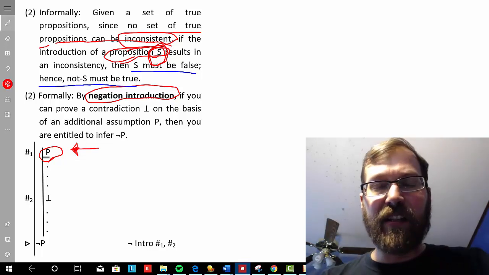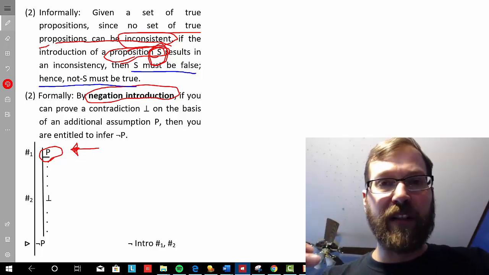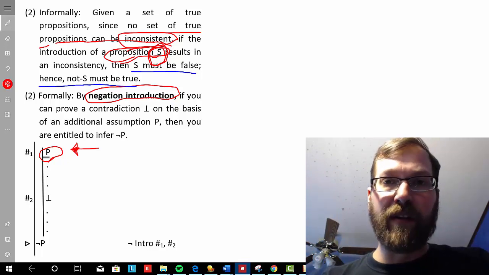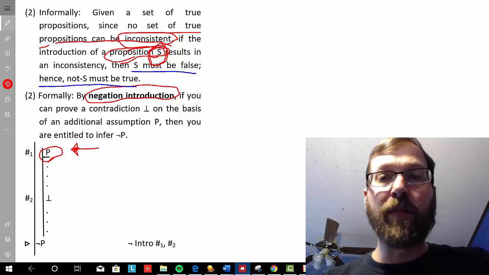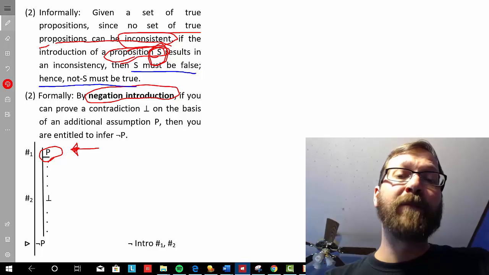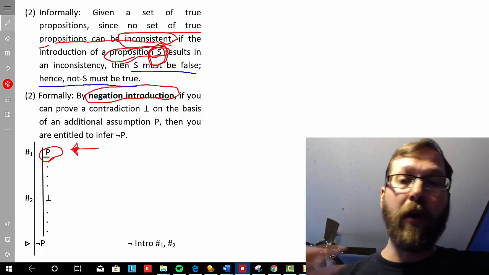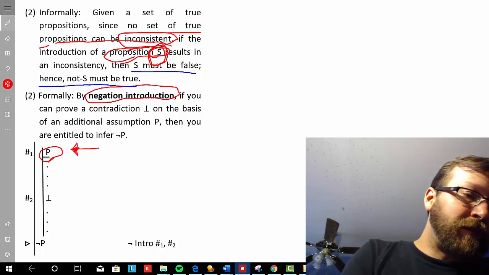I've assumed something that wasn't in the premises to begin with, nor has it already been inferred from the premises. I'm just going to put it in the proof for the purposes of seeing if I'm wrong, to see if what I'm proposing is actually false.